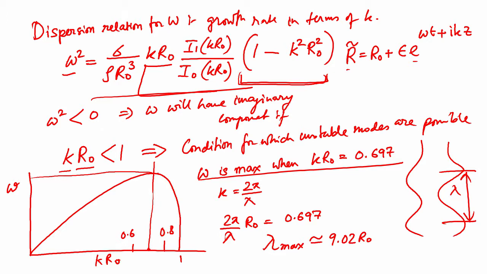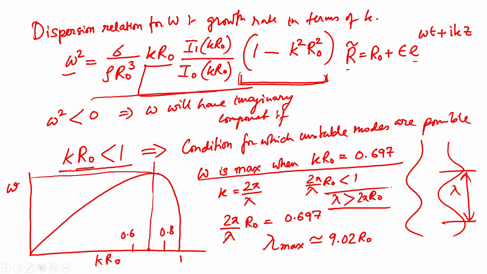So, now you see where the 2 pi comes from. The 2 pi essentially comes from this criteria, that if we just take any lambda and we write 2 pi by lambda, the criteria for this jet to be unstable is 2 pi by lambda times R0 should be less than 1. This means that your lambda should be greater than 2 pi R0.